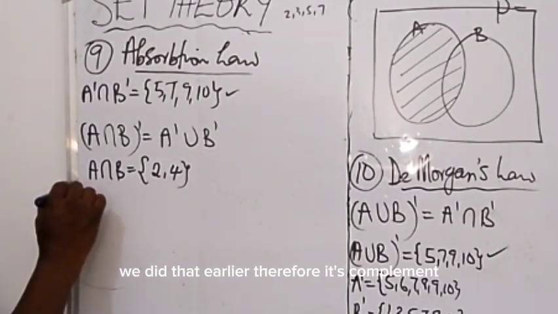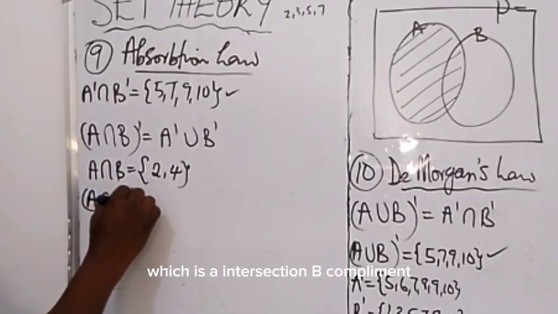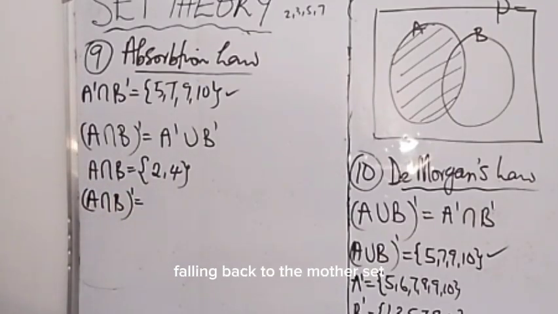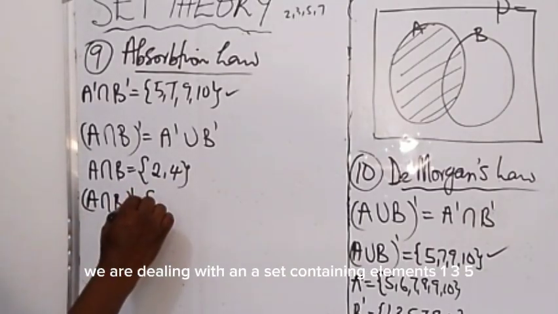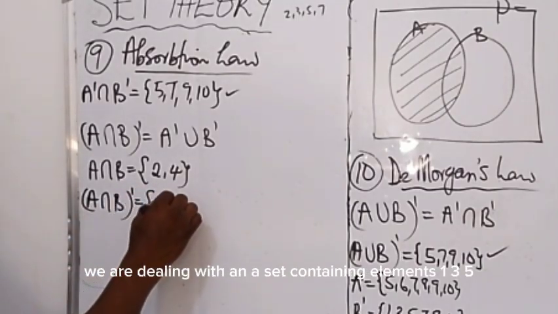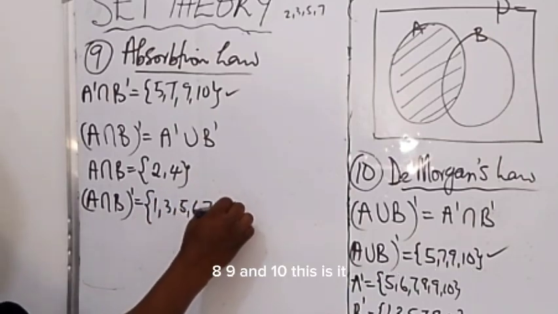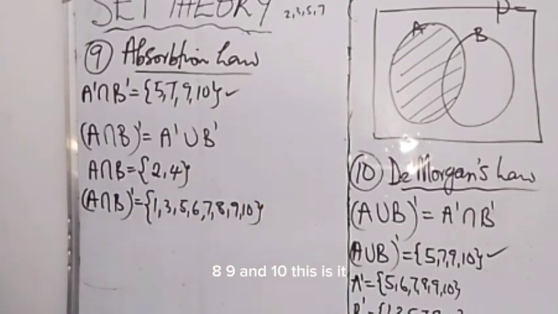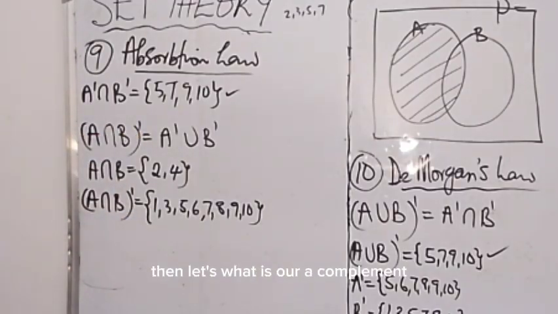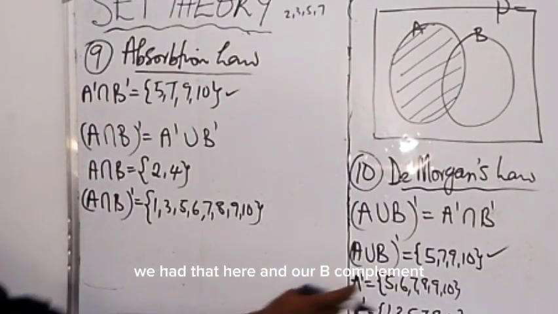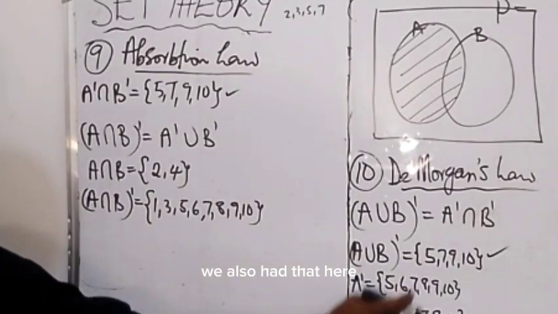Therefore, its complement, which is A intersection B complement, falling back to the mother set, we are dealing with a set containing elements 1, 3, 5, 6, 7, 8, 9, and 10. This is it. Then what is our A complement? We had that here. And our B complement, we also had that here.